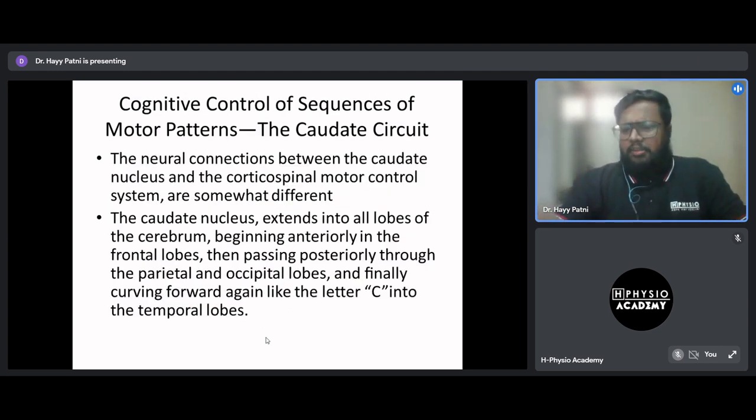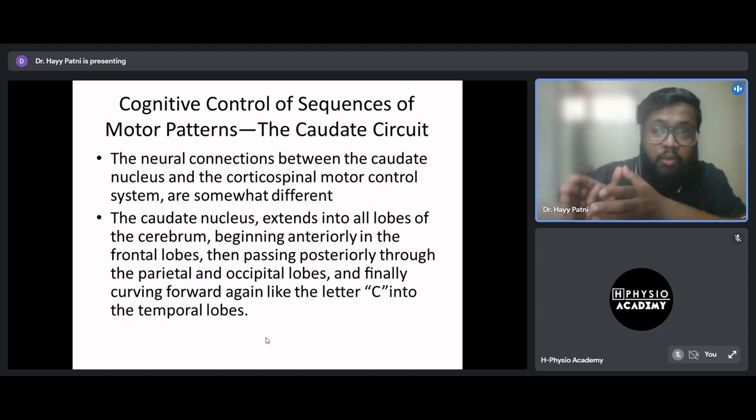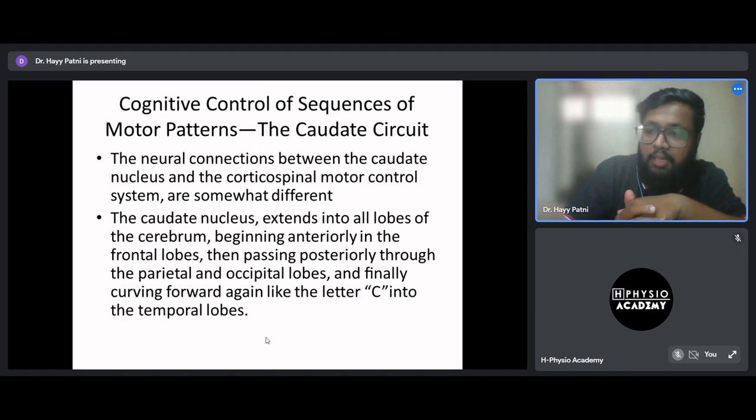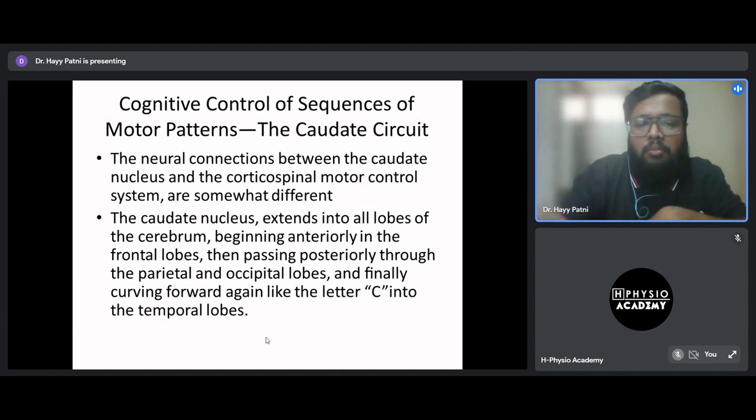The neural connections between the caudate nucleus and the corticospinal motor control system are somewhat different. When we are talking about pure motor activity, it is done by the corticospinal motor control system. But when we are talking about modulation of that motor activity, we are talking about how the basal ganglia might be responsible in bringing out that cognitive flow of that particular movement.